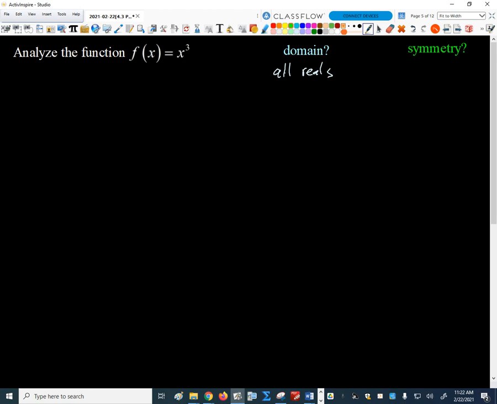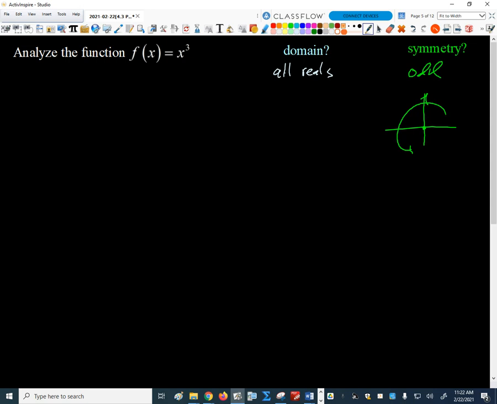Okay, good. It's odd, isn't it, right? Because I mean, we could apply the test, but we know that it's a polynomial with only odd exponents. And so, yeah, it's going to have odd symmetry. So it's going to have rotational symmetry about the origin. We already can see that, right? It's going to have rotational symmetry about the origin.